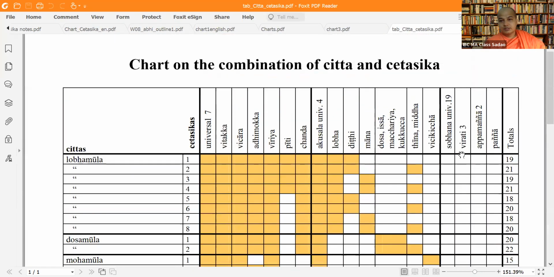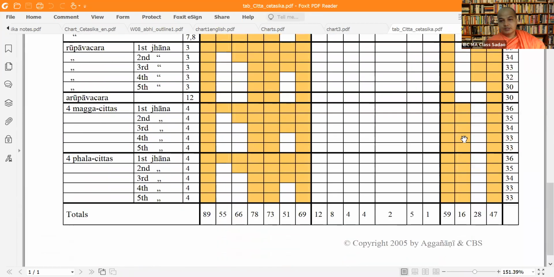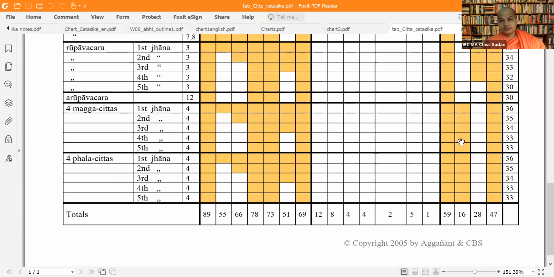This is the chitta here, 3 virati. These 4 chittas, it is present, and then the remaining ones, it is not present, but in the chittas belonging to Lokuttara it is always present.